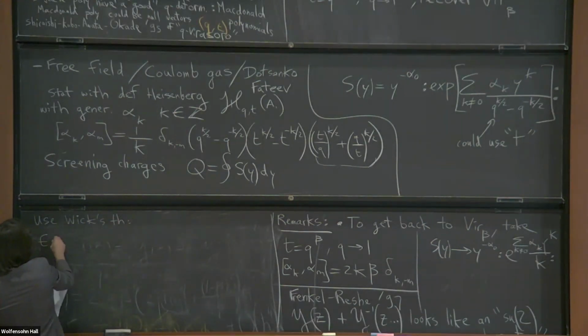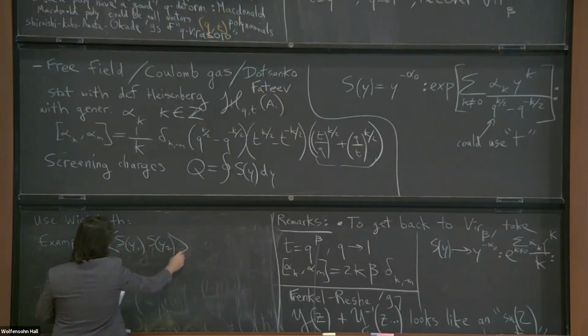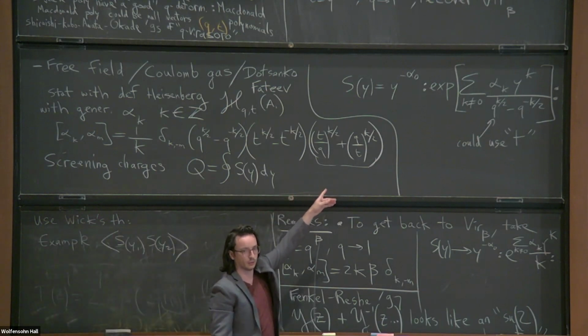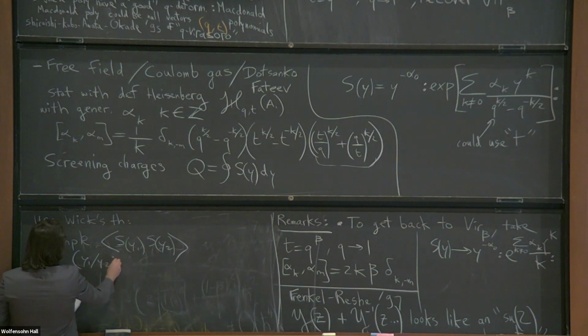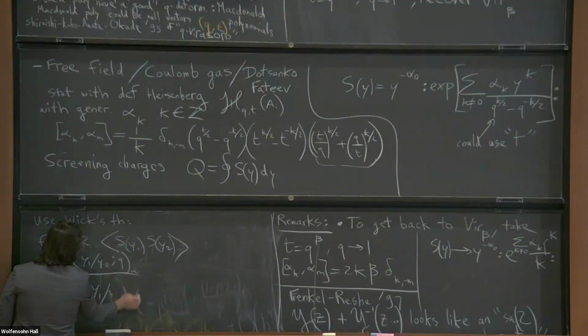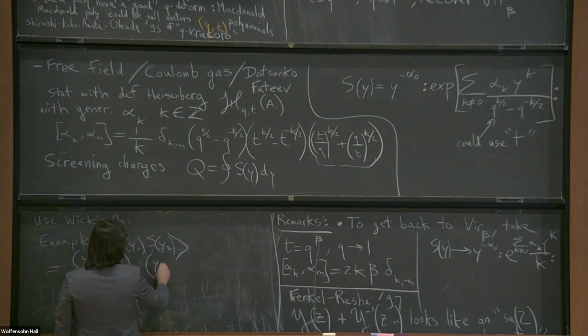So, example, just to get an idea: what is the 2-point function of two screenings together? Right, so this is just a very elementary exercise where you literally stare at the formula and compute the 2-point function, and you get something that can be expressed in terms of q-Pochhammer symbols. So a bunch of ratios, which are shifted by t here, okay? And then the same thing with the inverted variables.